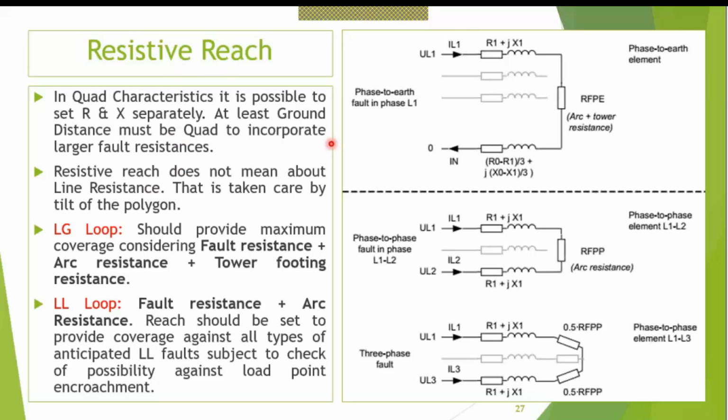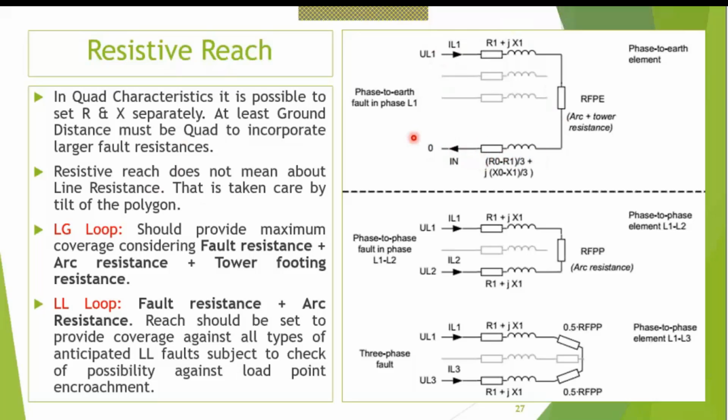Okay. Now this is a diagram from the ABB REL670 relay. This is a loop. Loop means the current starts from here, passes through the fault resistance, and the current will return to the source. So this return part is the return.